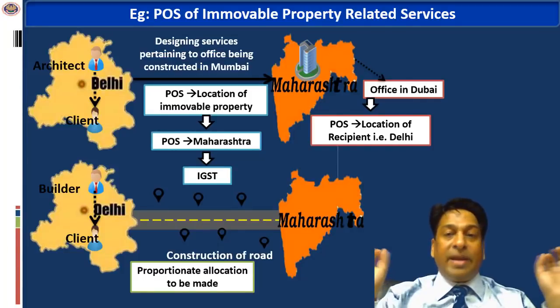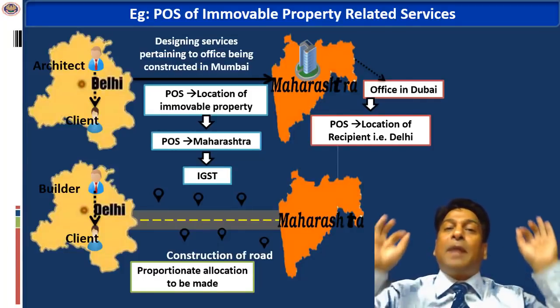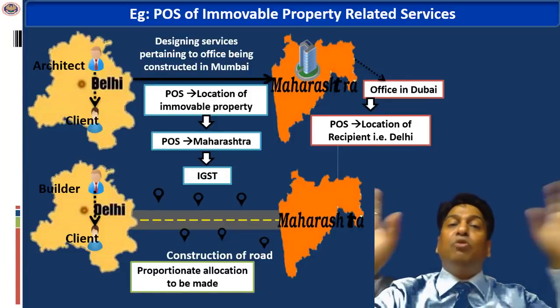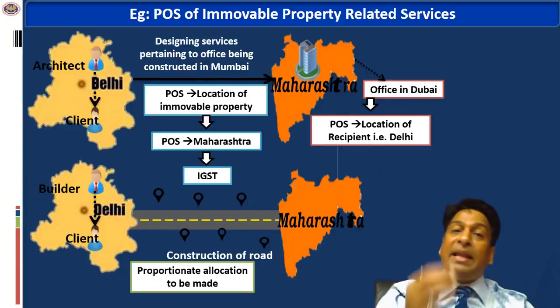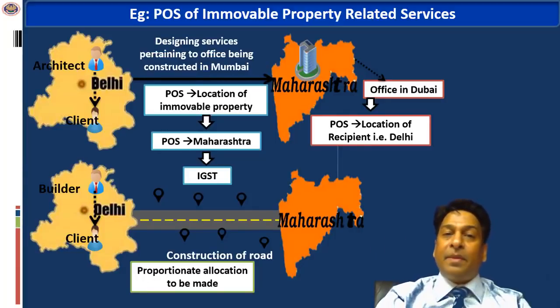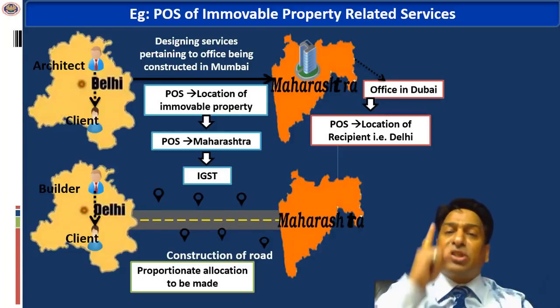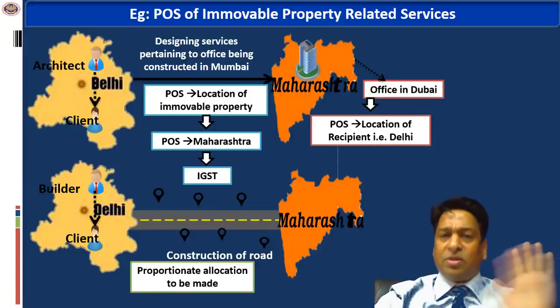Having read the provision, the place of supply in this case would be the location of the immovable property, irrespective of the fact that billing is being raised B2B to a client registered and located in Delhi. The transaction would be interstate. IGST should have been charged.